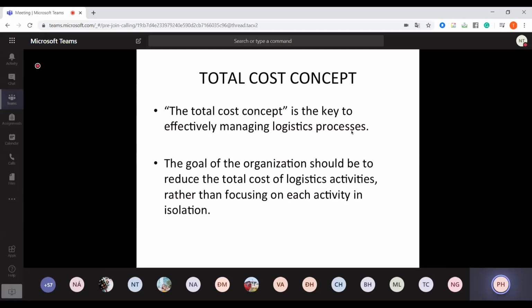So, of course, we have to think about the independent activities, but finally we need to calculate the total logistic cost, the total cost of logistic activities. And the final purpose is how to reduce that cost, not just to focus on the activities one by one.